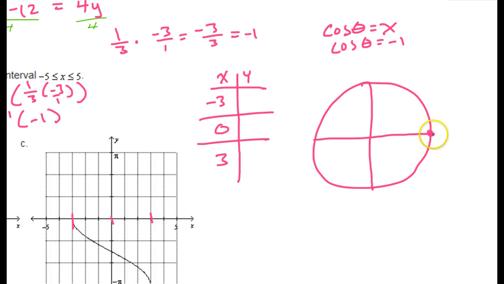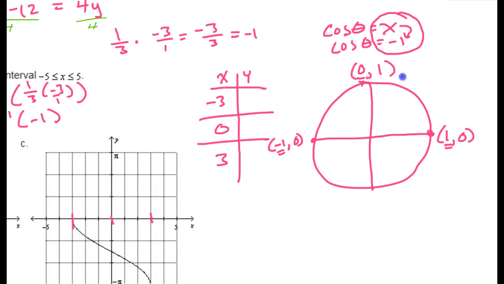Well, look at these key points. Right here, this is the point (1, 0), so the x value is 1. This is the point (0, 1). The x value here is 0. This is the point (-1, 0). The x value here is -1. That's what we were looking for. So this is the spot.